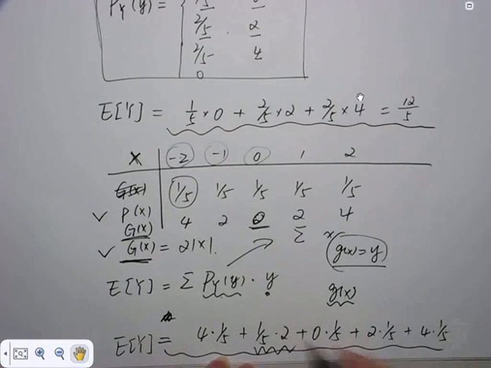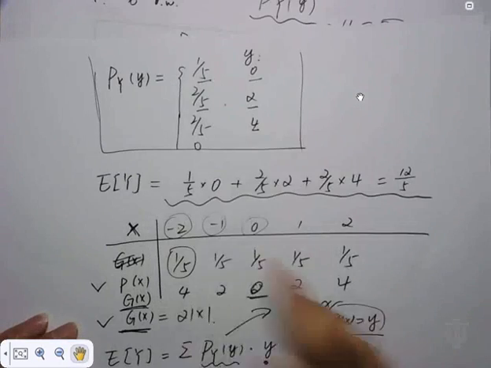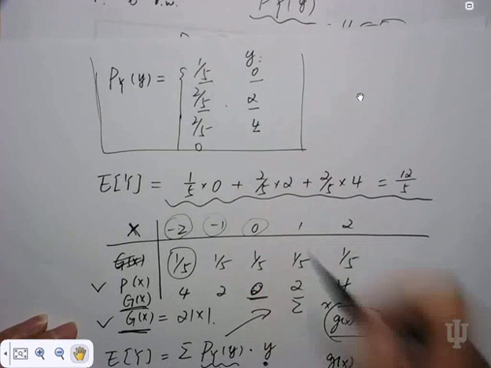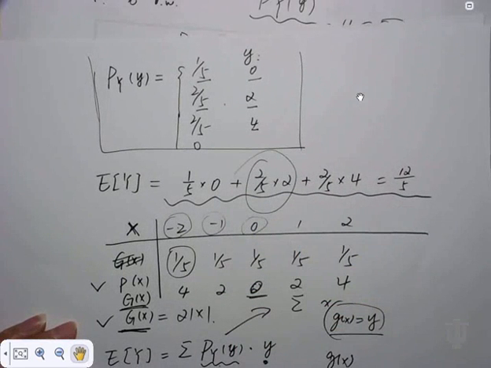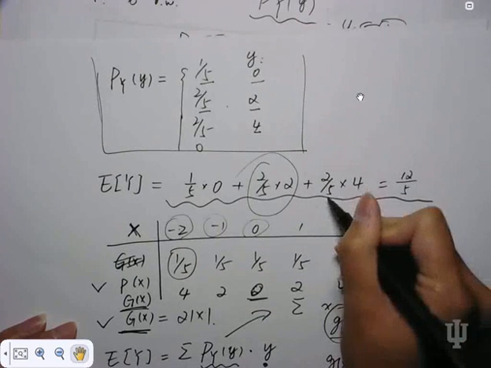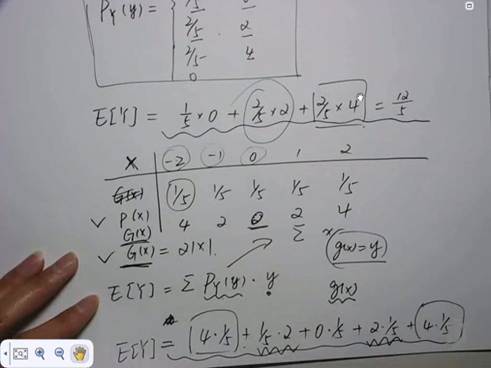Of course, you can write those two together. That is here, right? And this thing is this part, right?